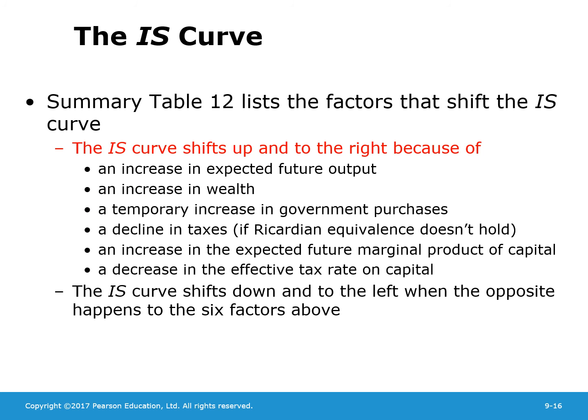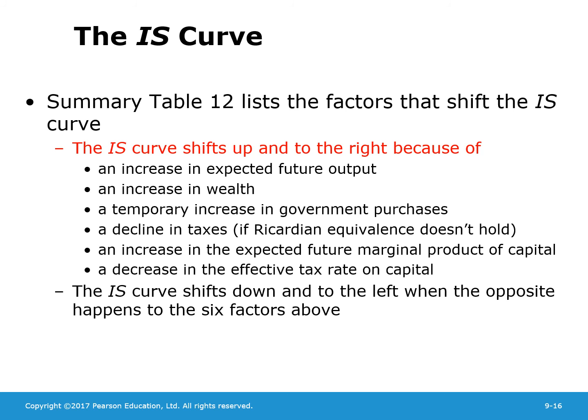Again, we can summarize the factors that shift the IS curve in the summary table shown in the next slide. But remember that when we say that the IS curve shifts up and to the right, we mean that the real interest rate increases.